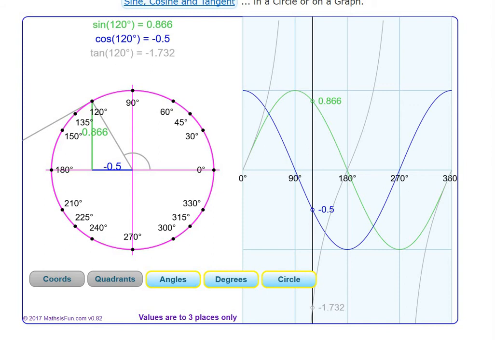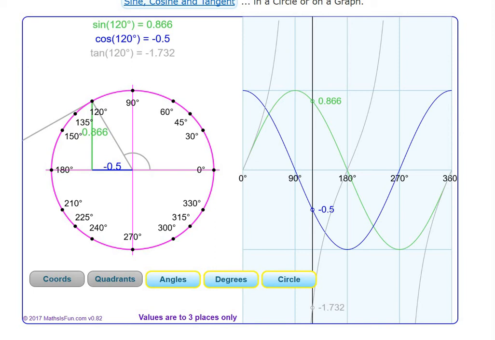The sine of 120 is 0.86. Cos of 120 is minus 0.5. And the tan of 120 is minus 1.732.